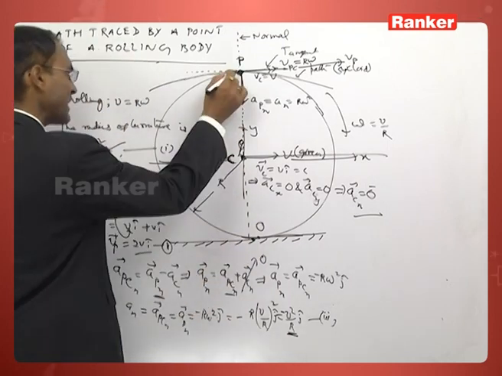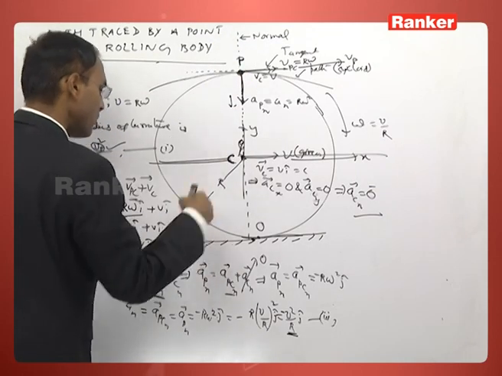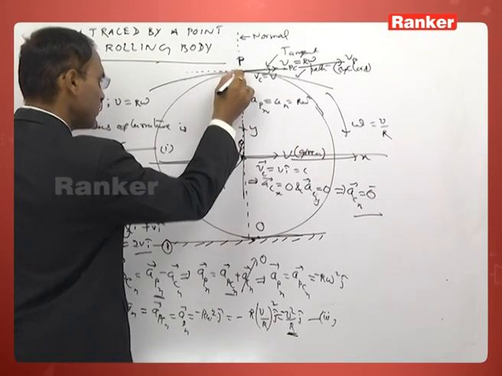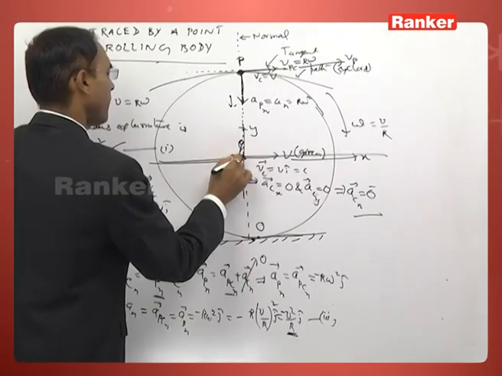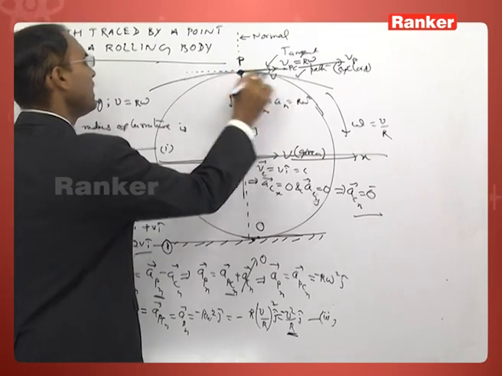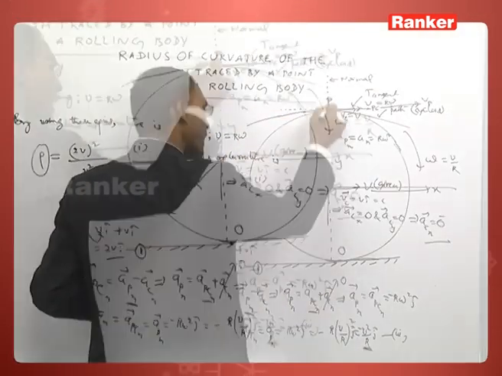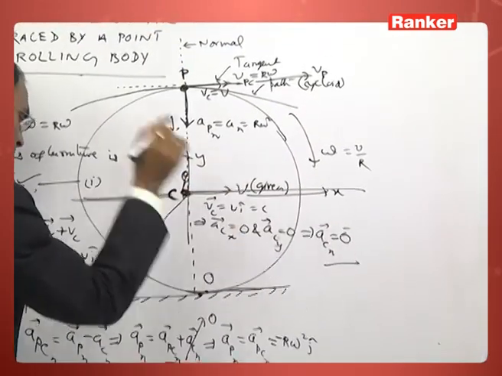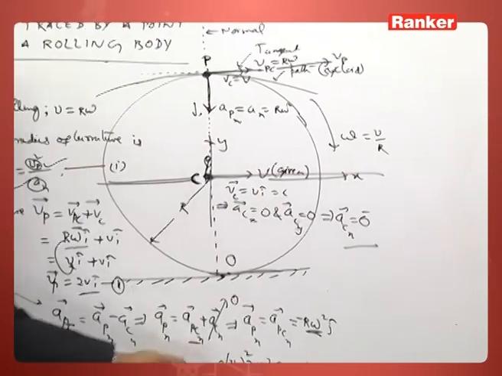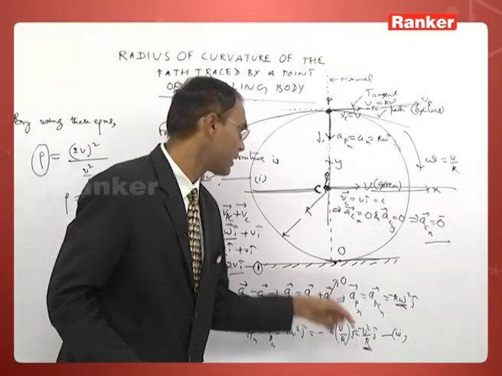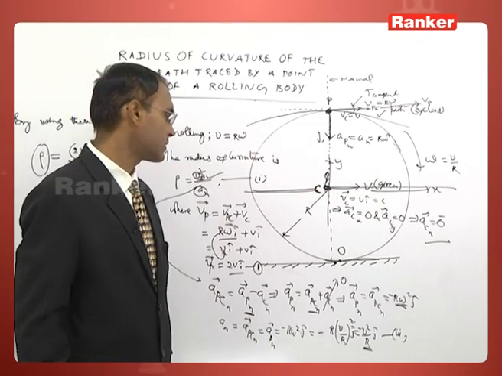Therefore, acceleration of this point P along normal direction must be equated with acceleration of P with respect to C along normal direction. We know that when you stand on the point C, you can see that the point P is moving in a circular path, and its acceleration with respect to C along normal direction or radial direction is equal to r omega square, and omega is equal to v by r. Then you are getting v square by r in which direction? Down, negative y direction.